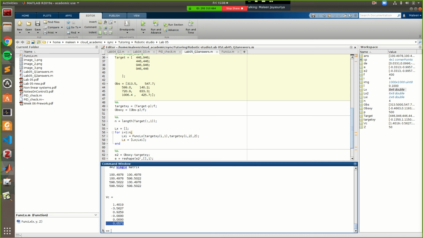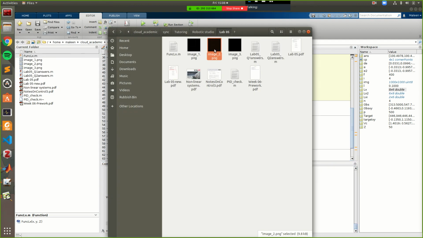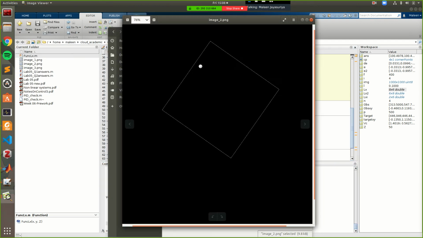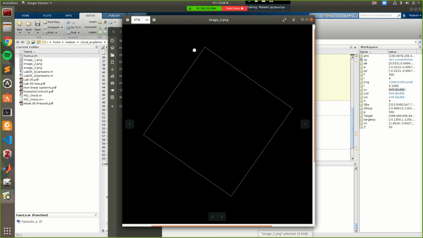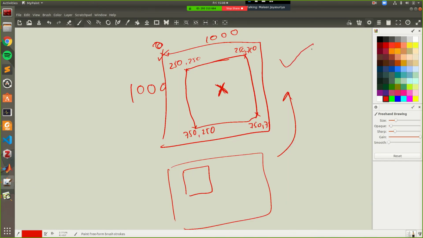Because this not only has to move and put this into the center, now it has to also rotate around the z-axis. Imagine the z-axis to be coming out of the screen. It has to now rotate this image also, so that it can nicely come and create an image like this.